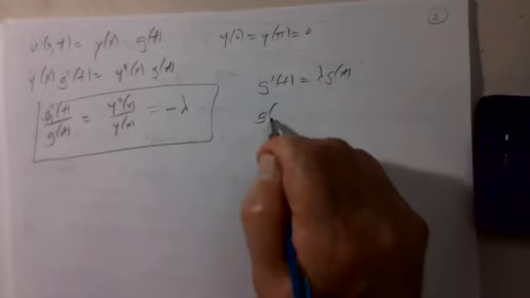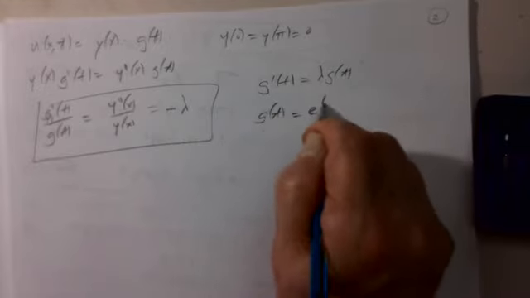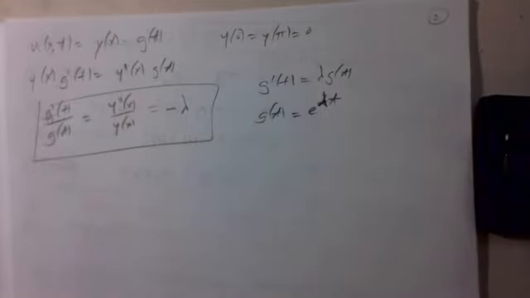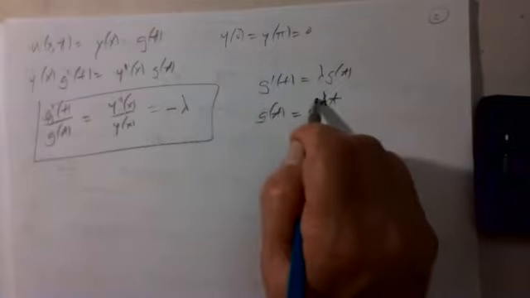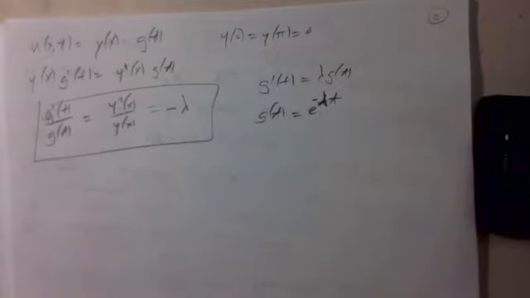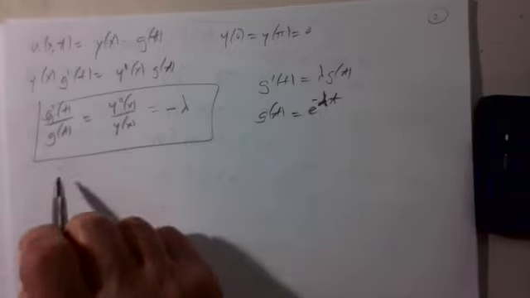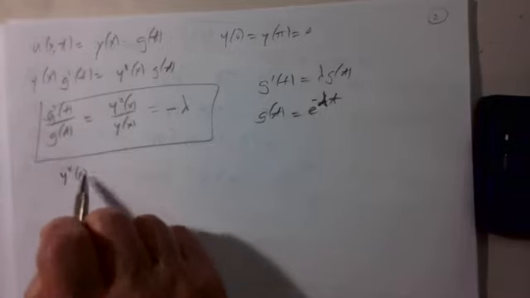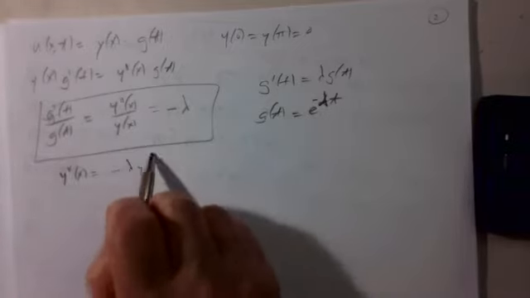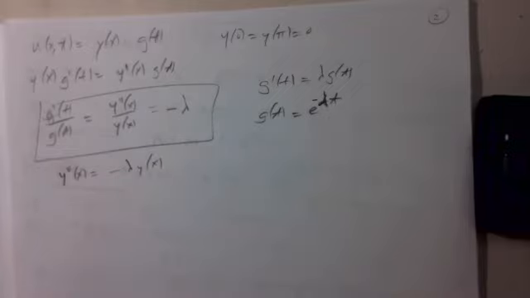So up to a constant g of t is e to the minus lambda t. And we also have y double prime of x is minus lambda y of x.